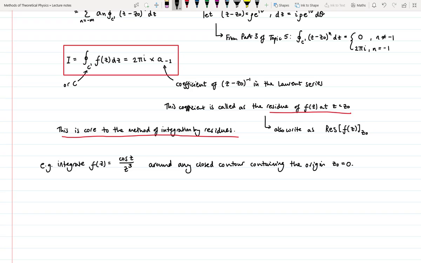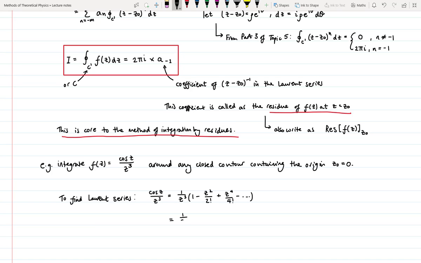Well, we need the Laurent series expansion of this function, and we can do that using the series expansion for the cosine. So to find the Laurent series, we can write cos of z over z cubed. The expansion for cos of z is 1 minus z squared over 2 factorial plus z to the 4 over 4 factorial, and so on.